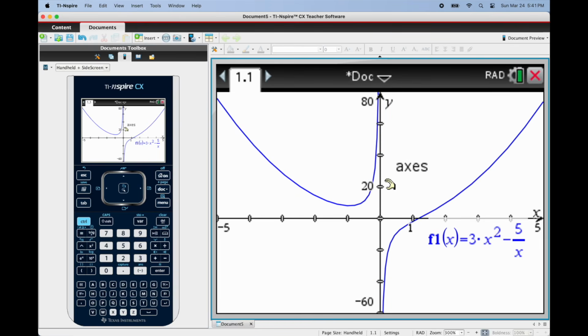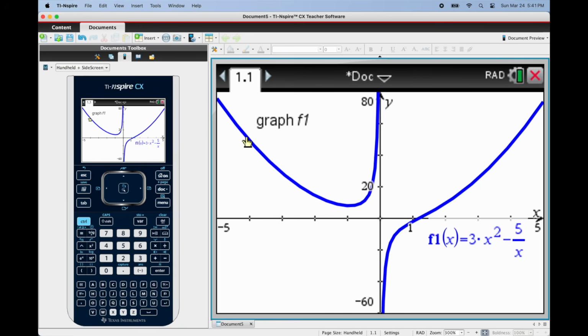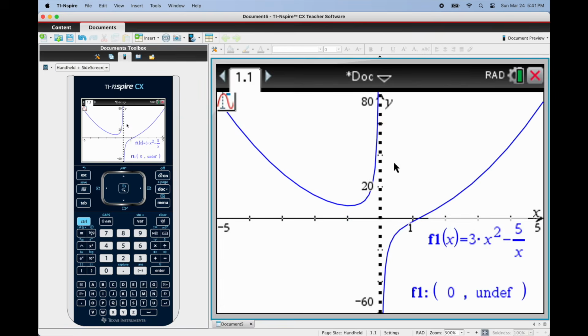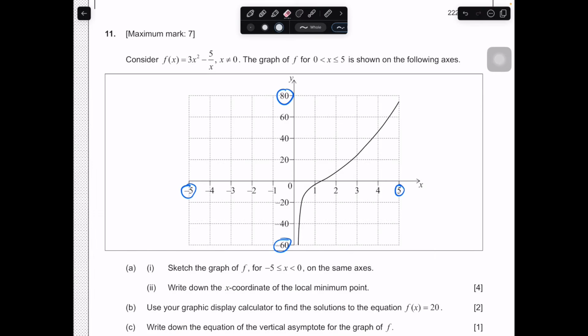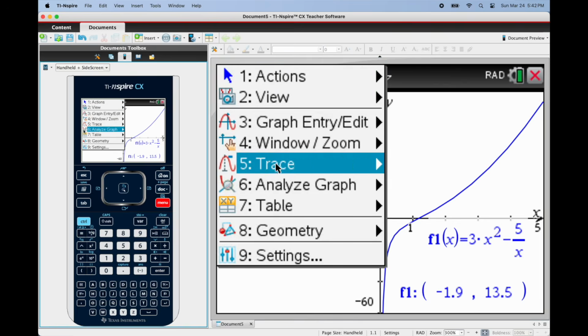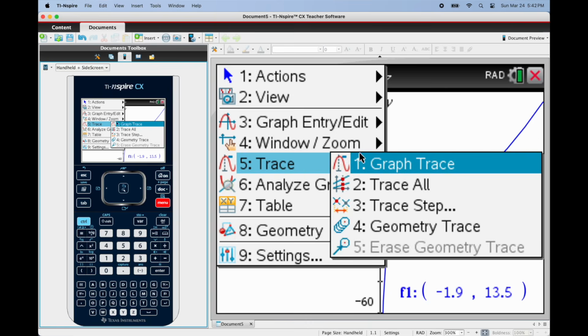Okay, so there we go. It would be helpful to find some points, so let's actually do that. Let's find out what it goes through at, let's say, -4. So when we're at -4, we're at around 50. So I'm going to plot that in. -4, we're at about 50. Actually, I'm just going to sweep down. Let's go graph trace.